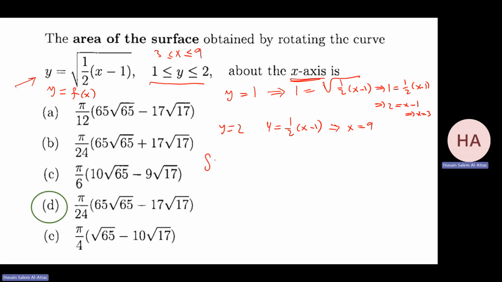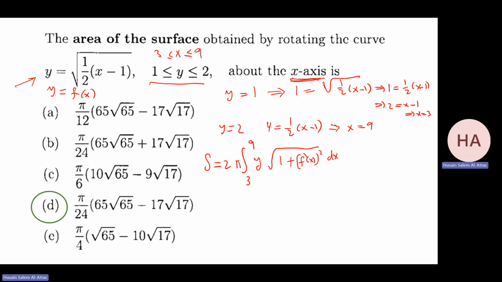So my S will be 2 pi integral from 3 to 9. This is about the x-axis, so I have y square root 1 plus f prime of x square dx.